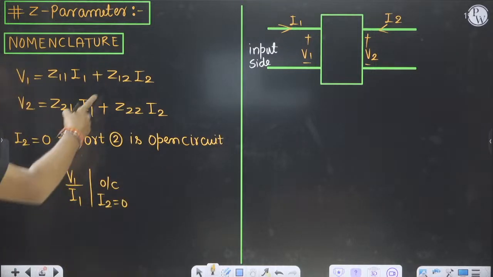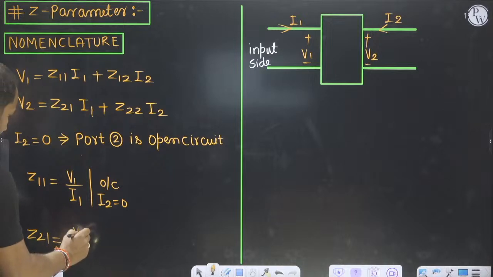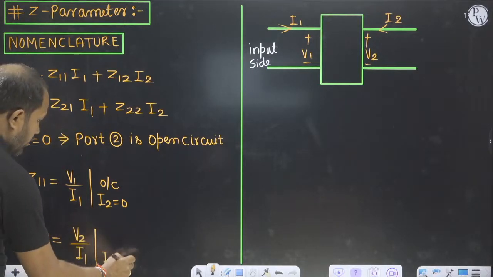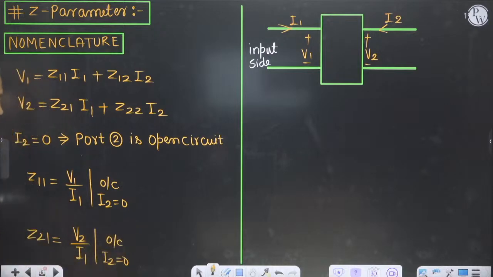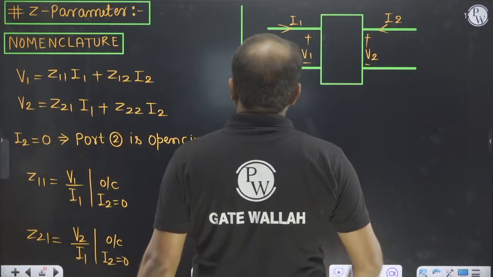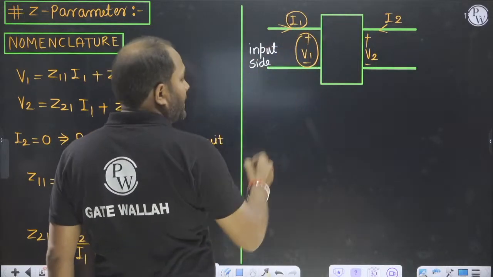Okay. Second one is Z21. Z21 is V2 by I1 and I2 is equal to 0, that means open circuit. So we have to tell what is V1 by I1. So V1 by I1 is nothing but input impedance.